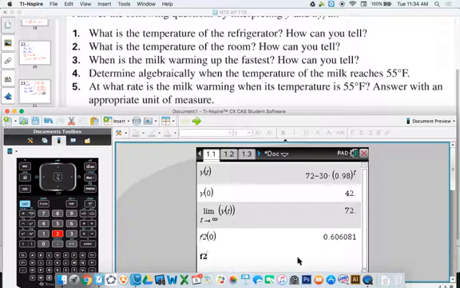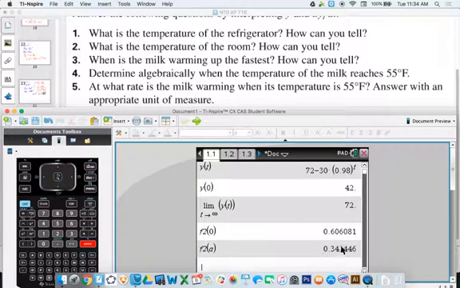My derivative was stored in F2, and at 55 degrees, I stored that in A. We can see the milk is warming up at a rate of 0.343 degrees Fahrenheit per minute, because it was Fahrenheit and then per minute. That's how much the milk is getting warmer.